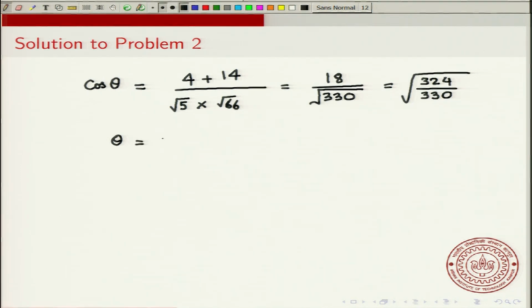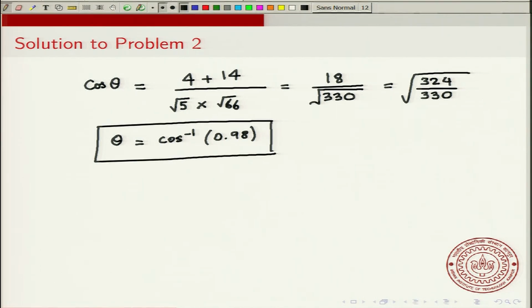So, theta equals cos inverse of this, which is almost about 0.98. So, this is the answer, this is the angle between the planes.